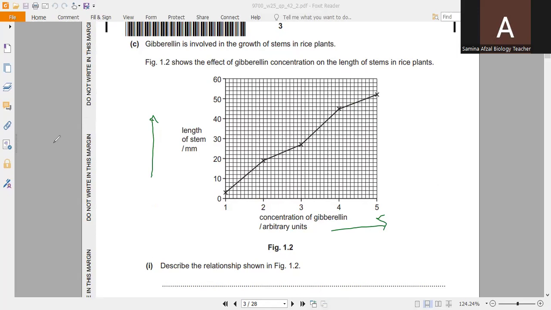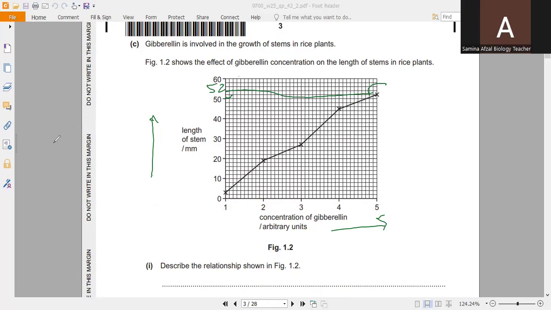If we add some values from the graph, at a concentration of one arbitrary unit, the stem length is 4 millimeters, whereas at a concentration of 5, the length has increased to 52.